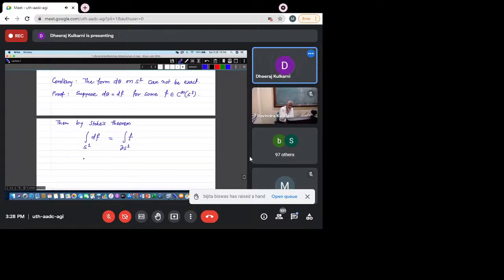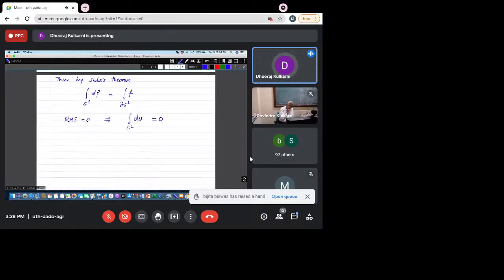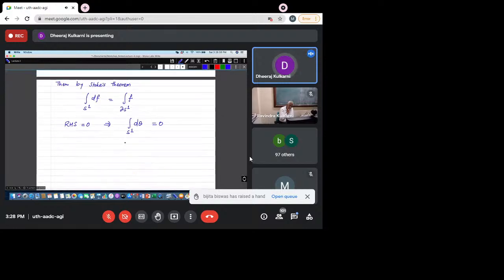As we saw before, this right-hand side is 0. So this would imply that the integral of d theta on S1 is 0. But this is a contradiction, because you know that d theta integrates on S1 to give you 2 pi.